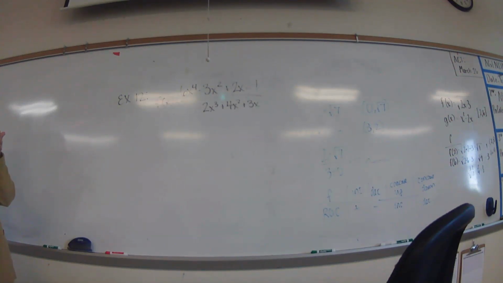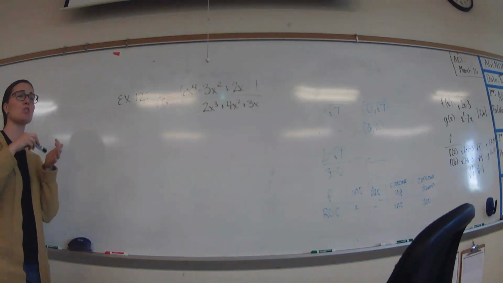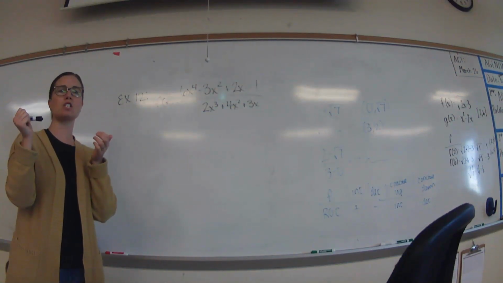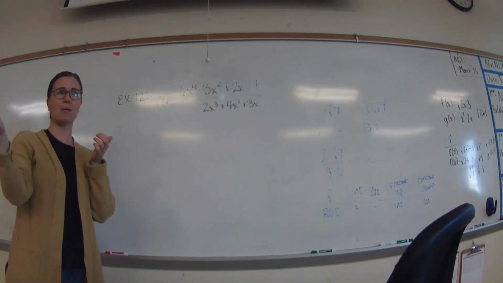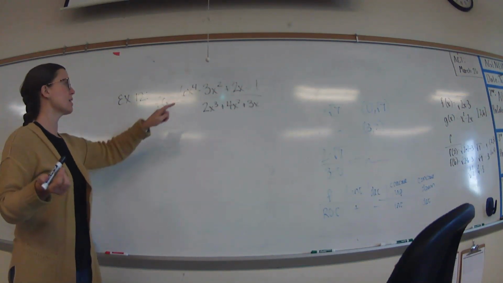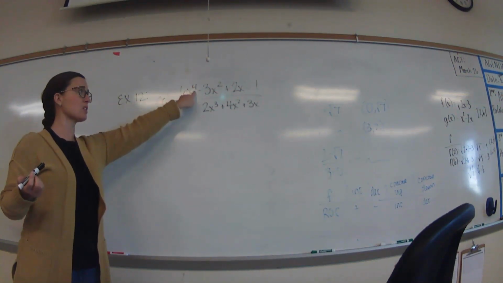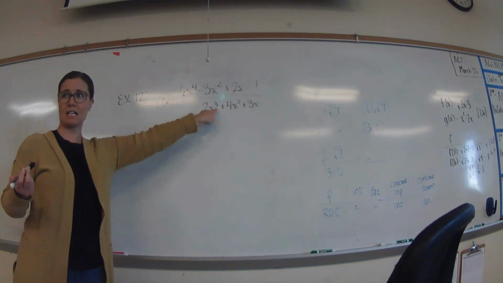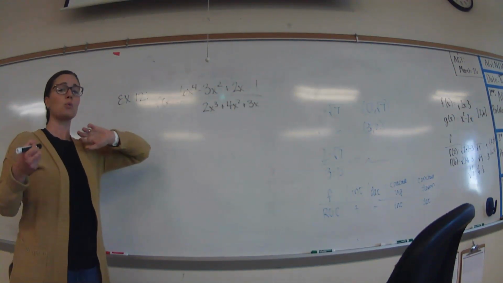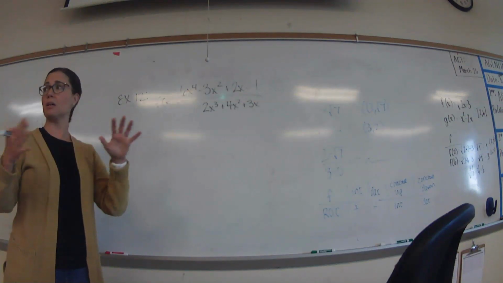But with slant asymptotes, you shouldn't ever have to do long division more than a couple times before you get to your remainder, because the degree of the top is only one bigger than the degree of the bottom. So you shouldn't have to do it a bunch of times.